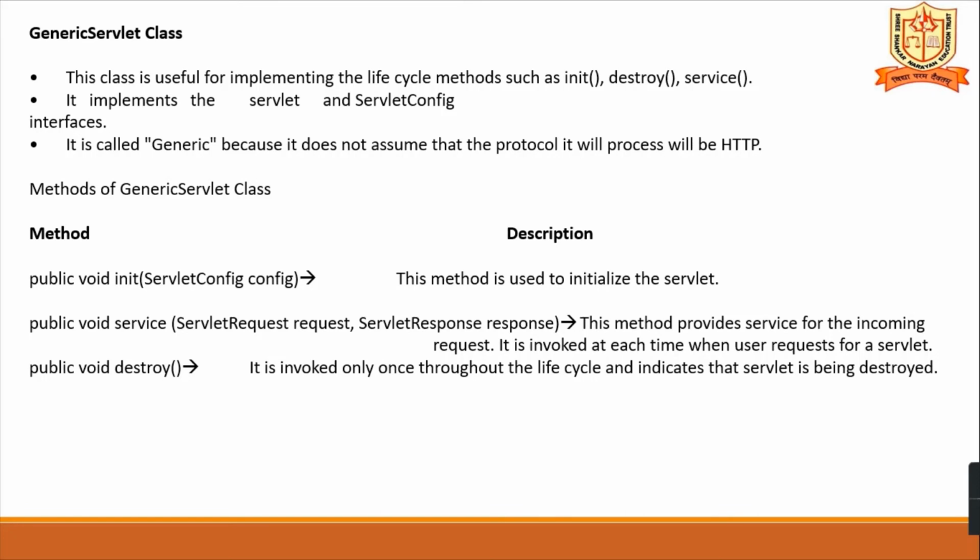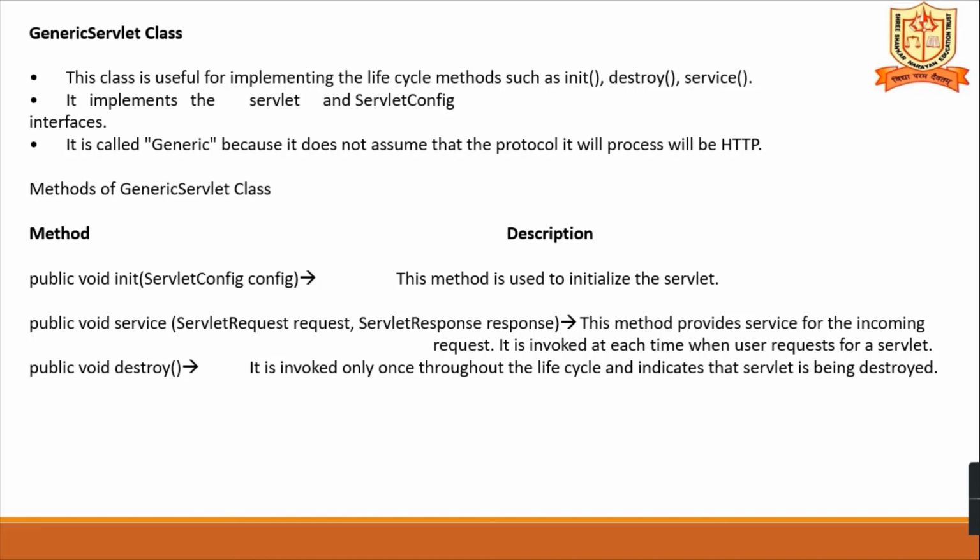And the destroy method is invoked only once throughout the life cycle of the servlet, when the servlet is being destroyed. So when the init method is called, the ServletConfig object is created. So the ServletConfig object is created for each servlet. And after the servlet configuration and initialization is done, the service method is called.